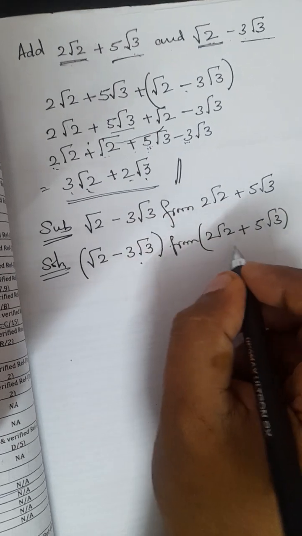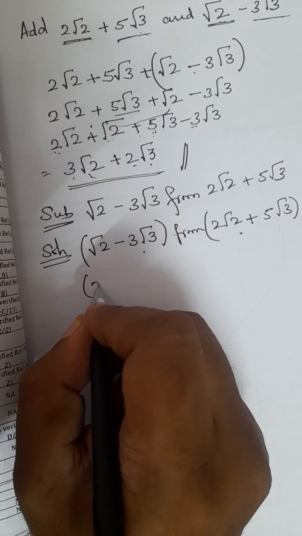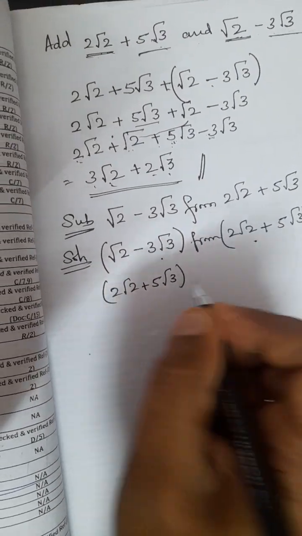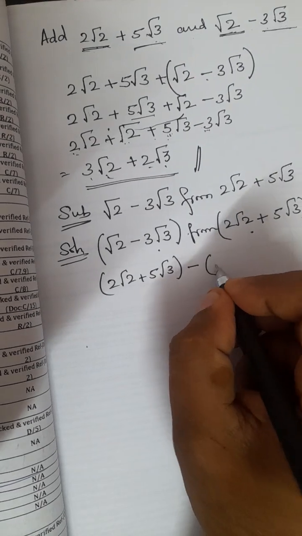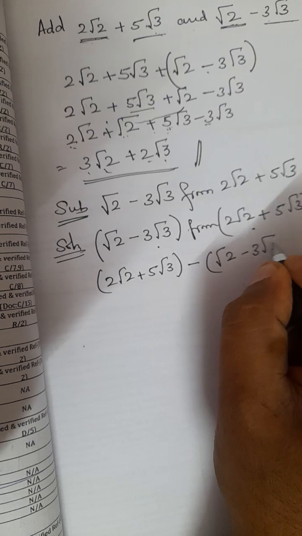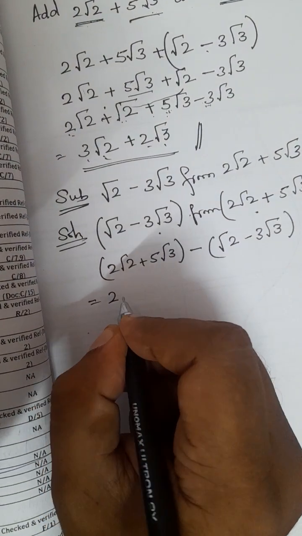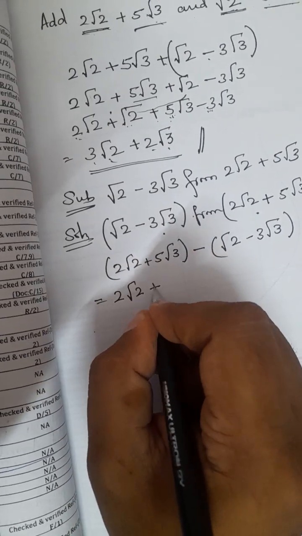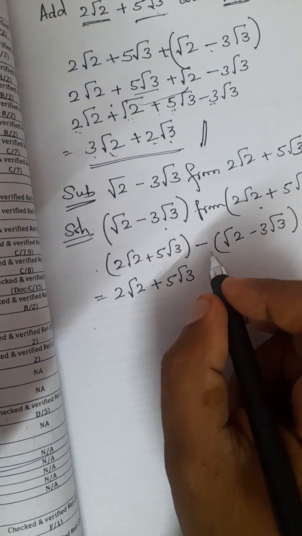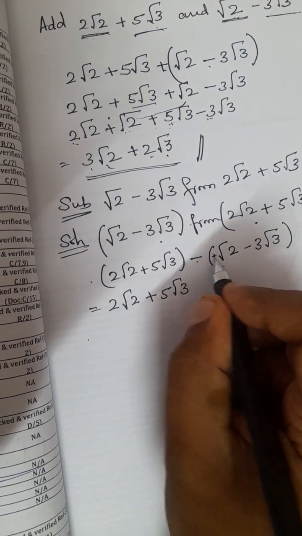So how do you do it? From this, this has to be subtracted. So this comes first. I'll put it again, 2 root 2 plus 5 root 3 minus, this has to be subtracted, 2 root 2 minus 3 root 3, right? So this will be left as it is, 2 root 2 plus 5 root 3. After removing the brackets, this is positive, so this stays positive.